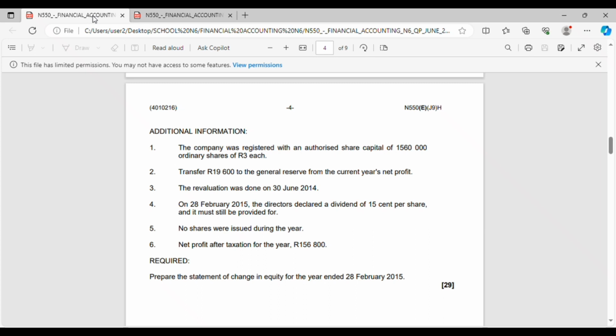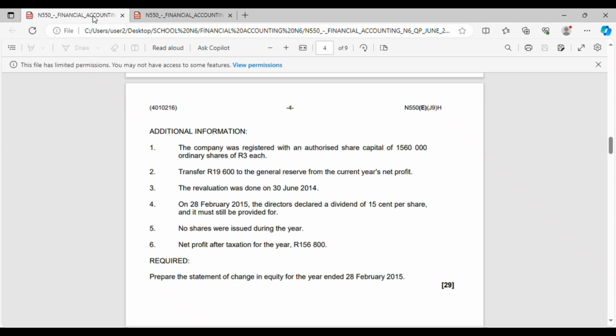So which means here we're going to calculate the DOS. Let me tell you, when you're calculating the DOS, we take the total amount of the ordinary shares, or the total amount of the preference shares, and multiply by the percentage that will be given, and also take the number of ordinary shares and multiply by the cents that have been issued by directors.